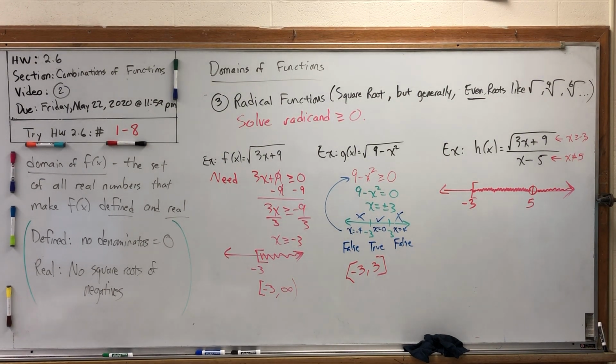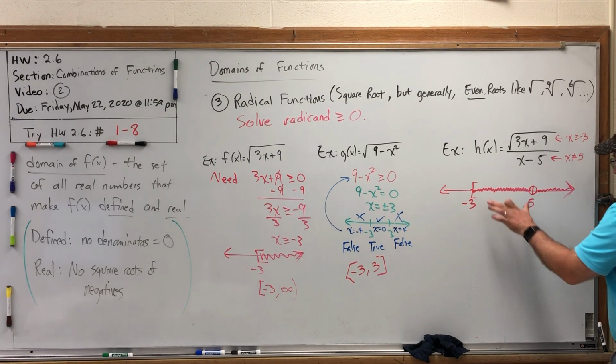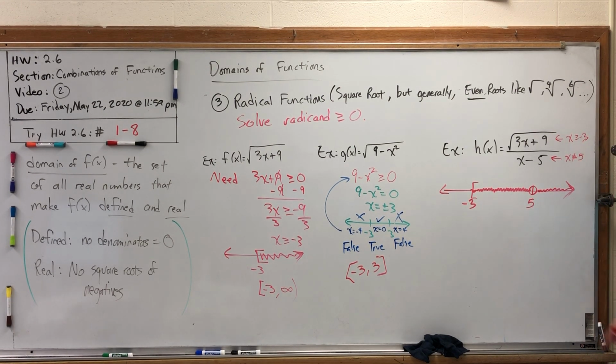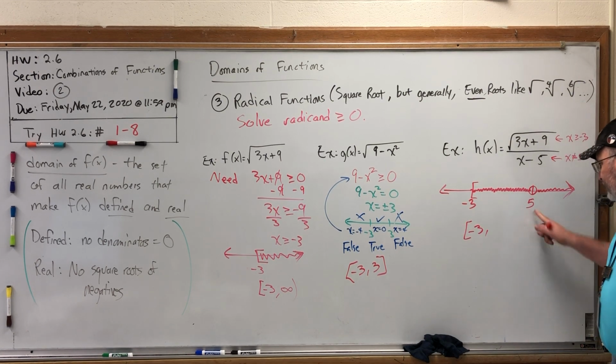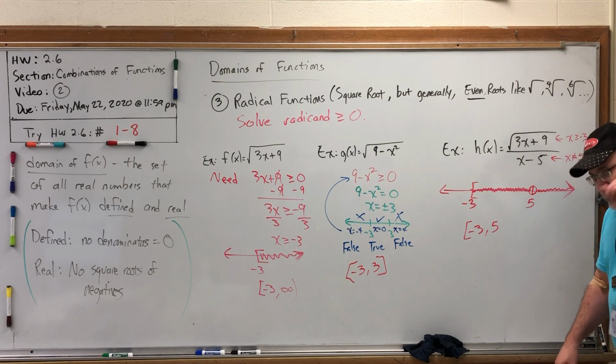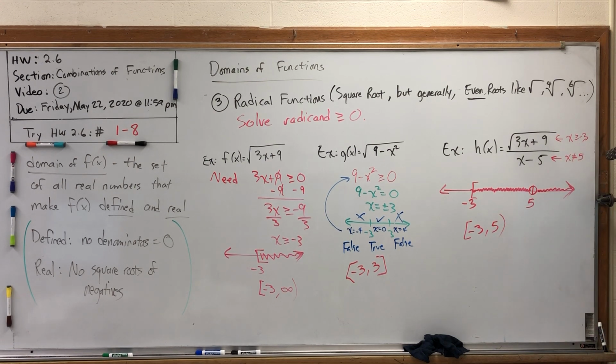We took our half number line, if you will, and we partitioned it into two intervals, this one and that one. The interval on the left begins at -3 and includes it, but it stops at 5 and doesn't include it, parentheses. Since we have a second interval, it's time for a union symbol. The second interval begins at 5 but does not include it, so parentheses, and goes towards infinity.